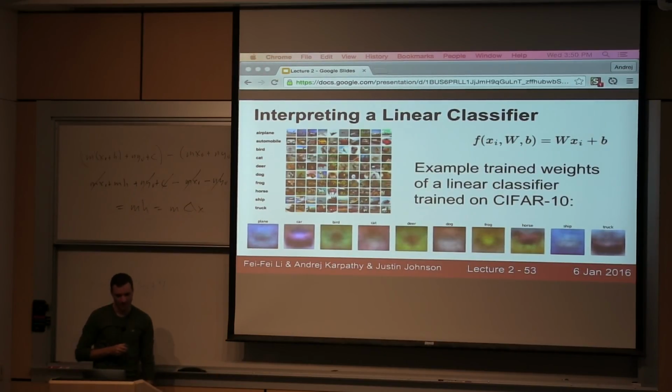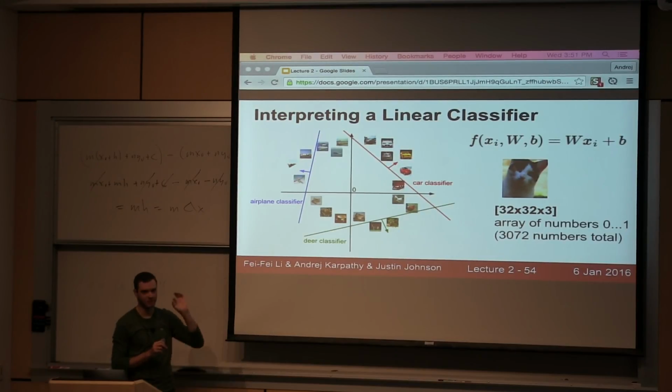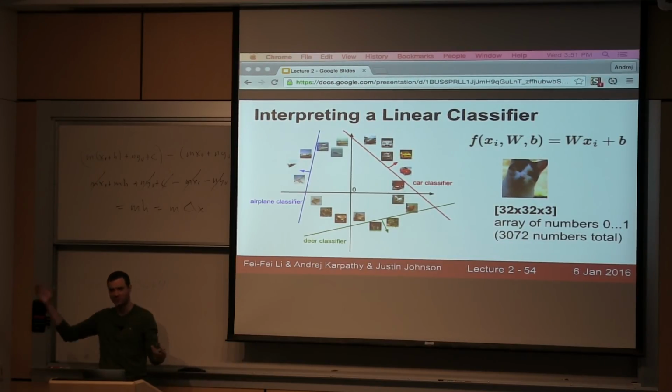Okay. Another interpretation of the linear classifier that someone else also pointed out is that you can think of these images as very high dimensional points in a 3072 dimensional space. In this 3072 dimensional pixel space, every image is a point, and these linear classifiers are describing gradients across the space. These scores are a gradient from negative to positive along some linear direction across the space.